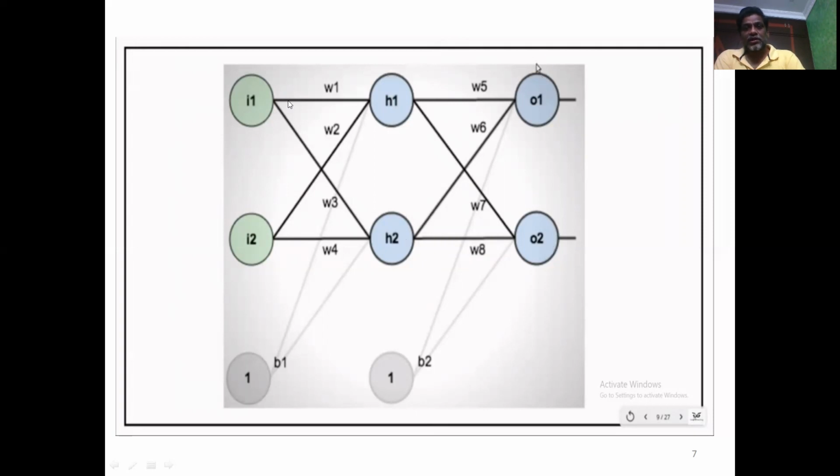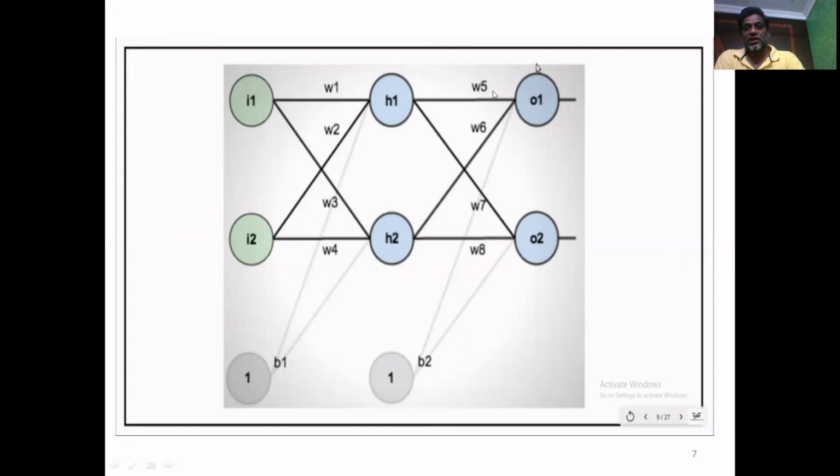The weights connecting the input neuron I1 with H1 is W1, I1 with H2 is W3, I2 with H1 is W2, and I2 with H2 is W4. There is a bias also connected to H1 and H2 in the hidden layer, with bias weight B1. And we know that the input for the bias weight is always going to be positive one.